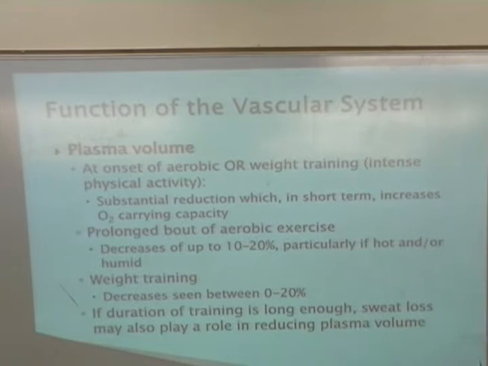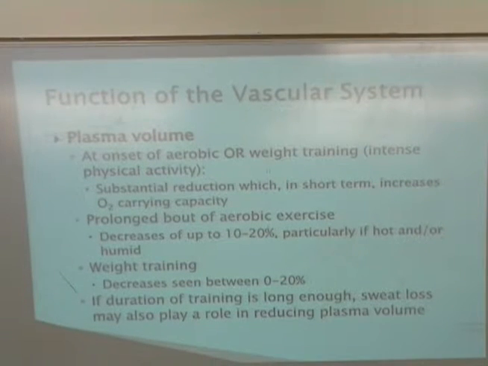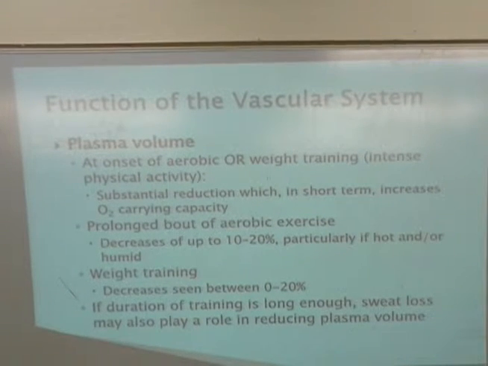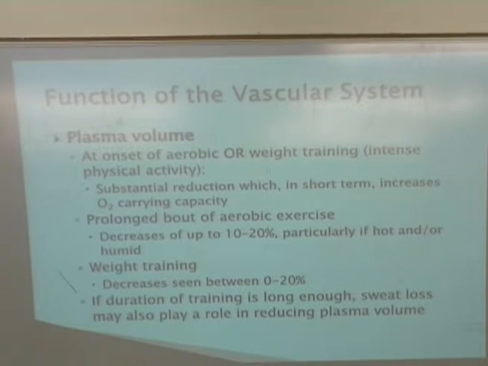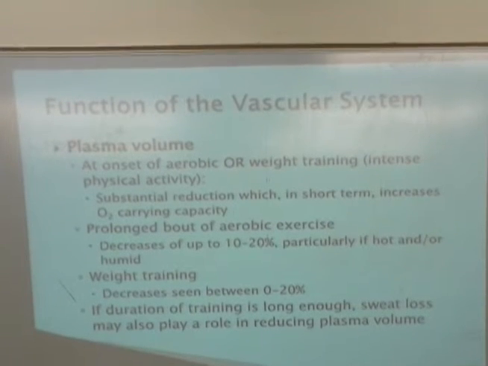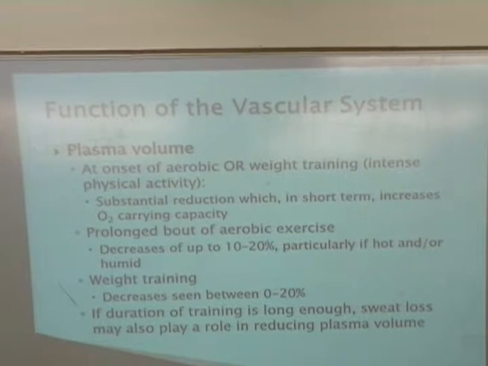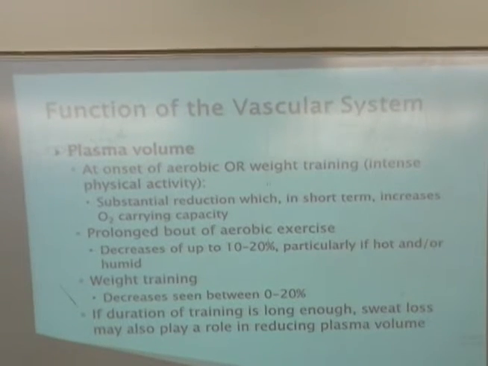The plasma is all the watery bit of the blood, and then you've got red blood cells, platelets, and white blood cells, all being carried around in this plasma. Plasma is about 90% water, which means if you're dehydrated, you can reduce your plasma volume, making it harder to do aerobic work.